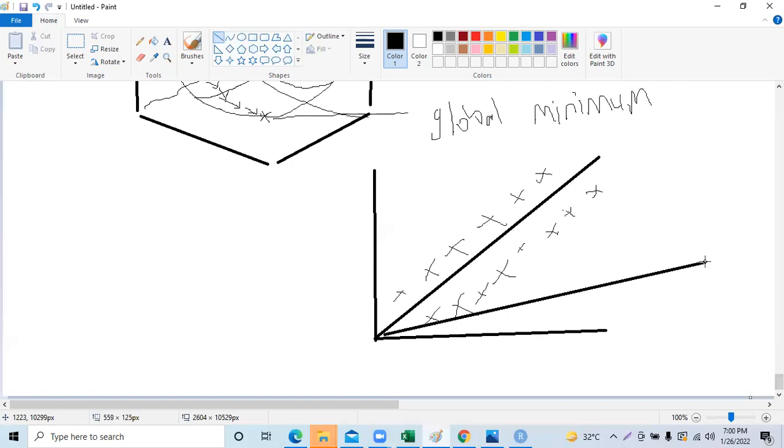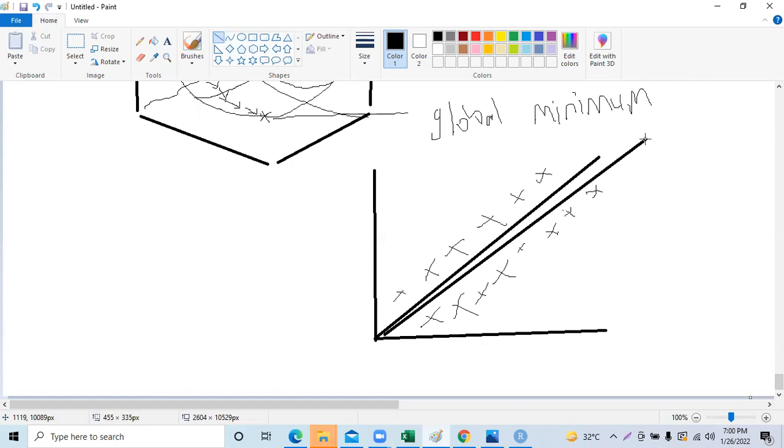And then as your j theta keeps reducing and keeps finding the minimum, right? So let's say this is one step in learning rate, then another step, then another step, then another step, then another step.